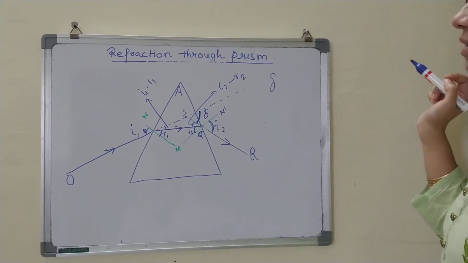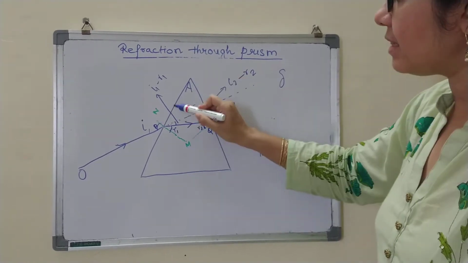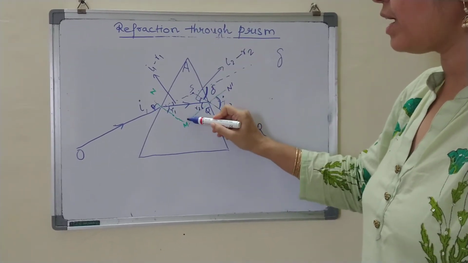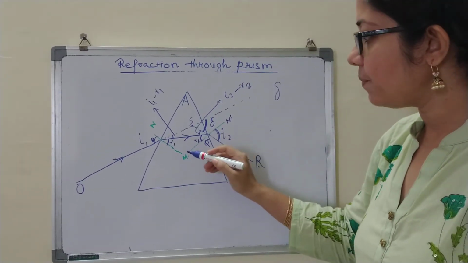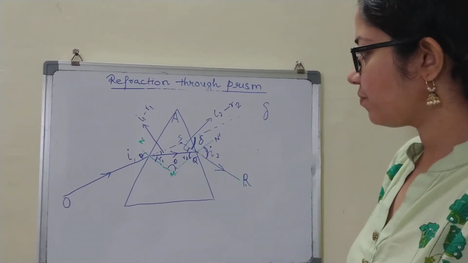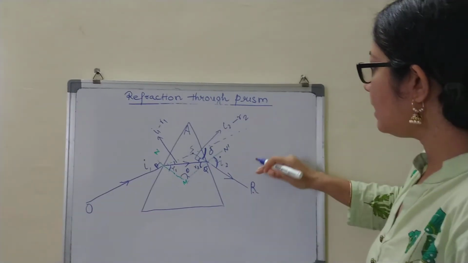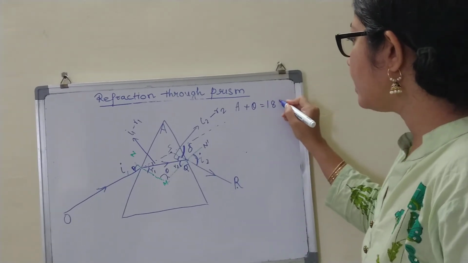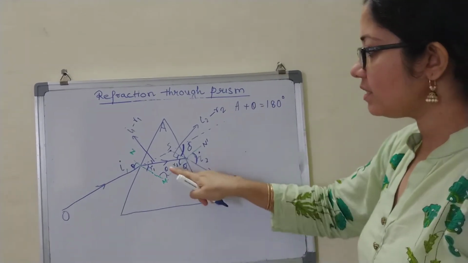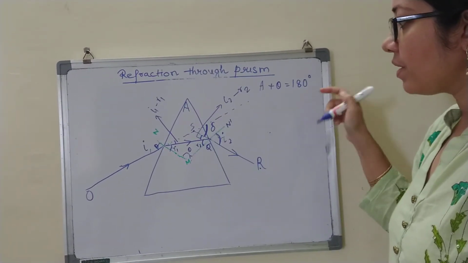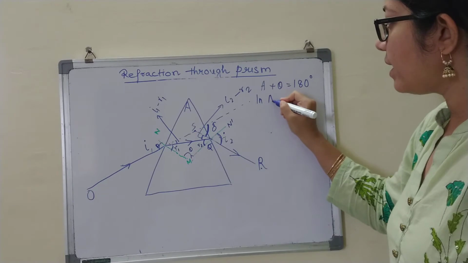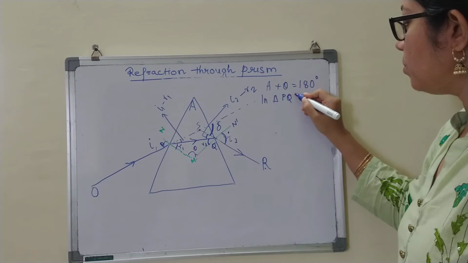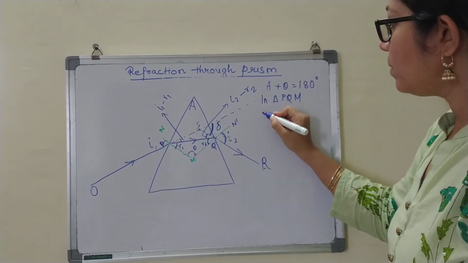Now we will start with the derivation. See, if I take this quadrilateral, we know that the opposite angles of the quadrilateral sum to 180 degrees. So let us take this as theta. Now what do I see? That A plus theta is equal to 180 degrees. Correct? Now in triangle PQM, what do I say?